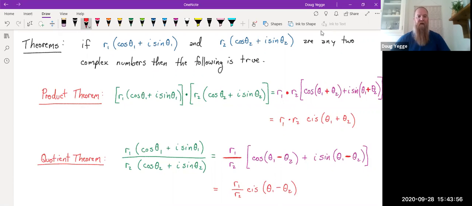So this is a breakdown of the product and quotient theorems that allow us to now take the product and quotient of complex numbers without having to do the distributive property, without having to multiply by a conjugate. If the numbers are already in trigonometric form, we could simply apply these two properties to find the products and quotients.